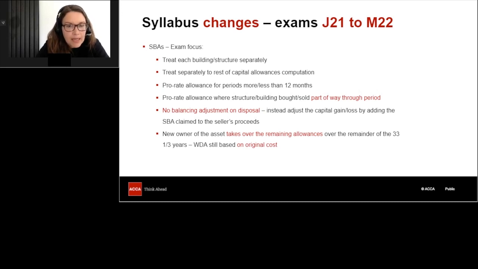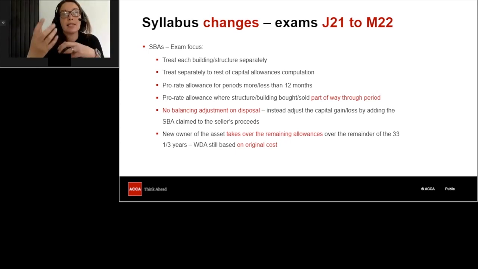So we've got a question about why don't you deduct the value of the land in question 2? So we deduct the value of the land when we're looking at working out the amount for SBAs, but when you're moving on to the actual gain calculation that you do when somebody has disposed of a property, that isn't impacted.